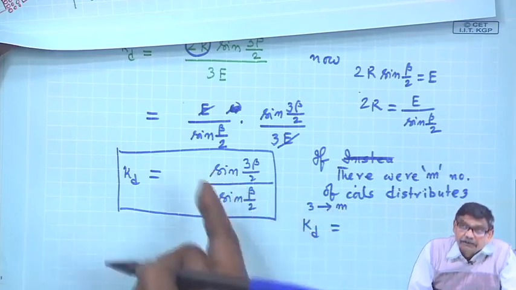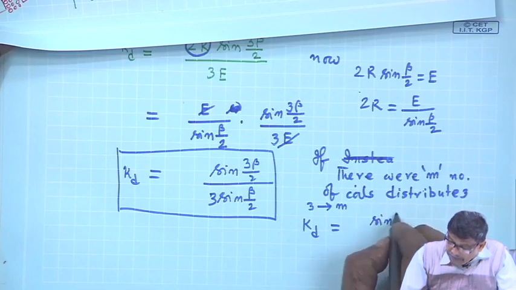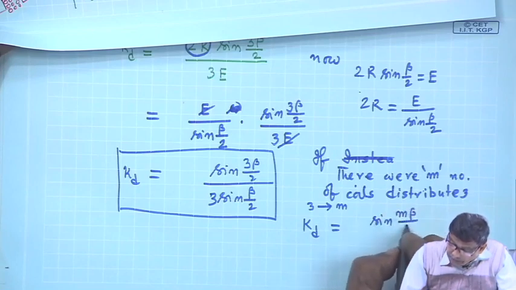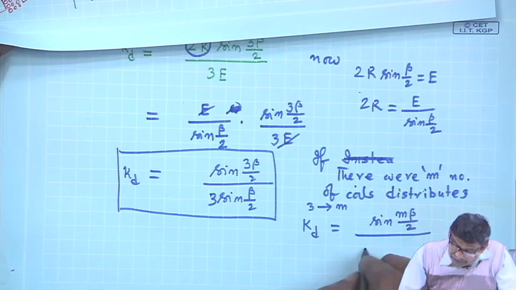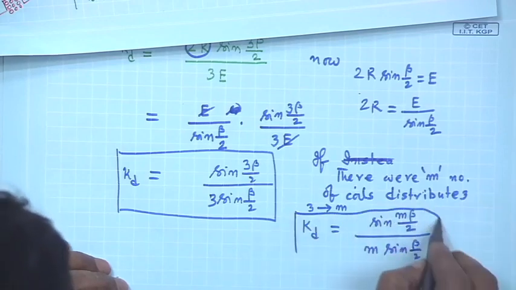I have done it for a specific number, so it will be sin m beta by 2 divided by m sin beta by 2. This is the distribution factor.